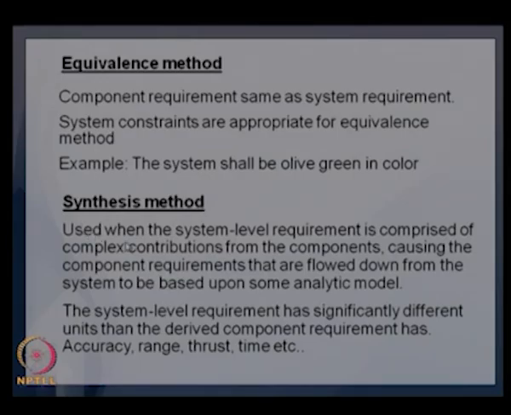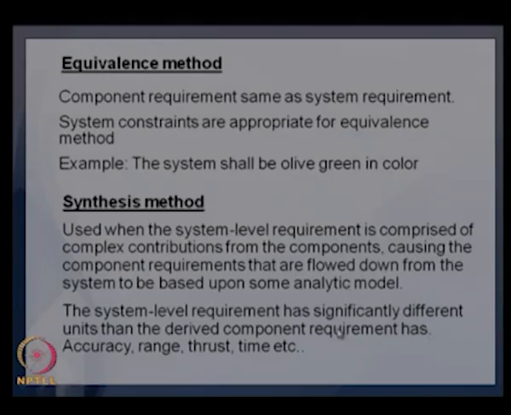So, in this case, we need to have some analytical model. The system level requirement and the component level requirement may have different units. In that case, we will not be able to directly allocate these requirements to the components, and therefore, we go for an analytical method.